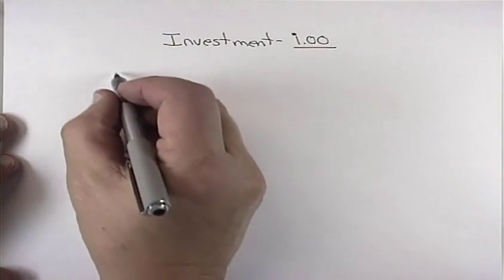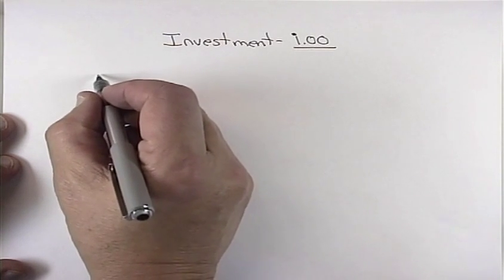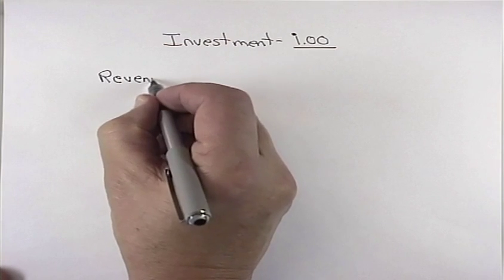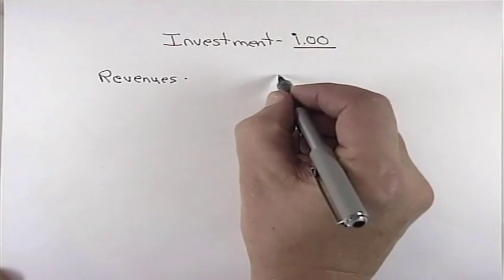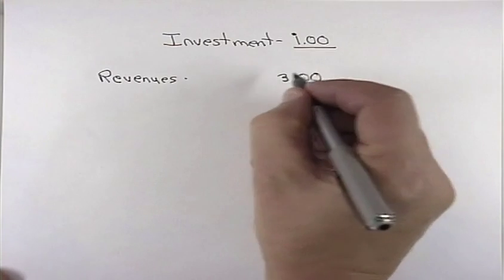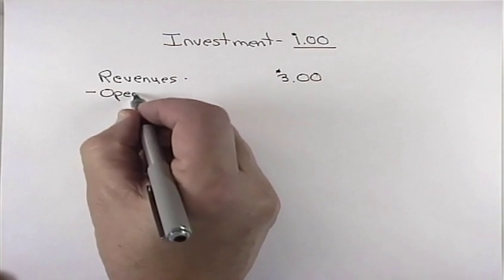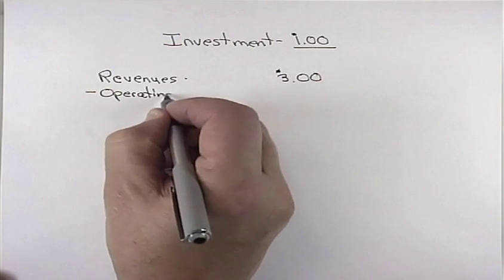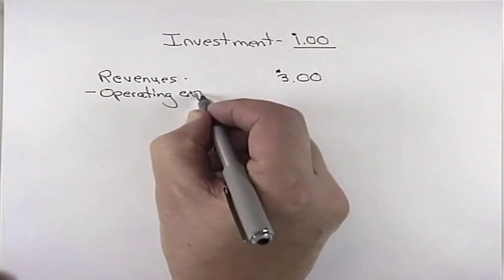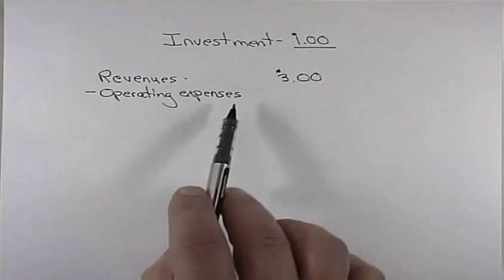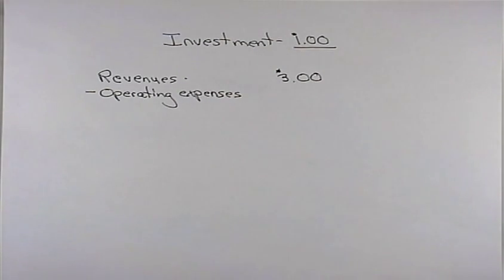And so this is what I see in my financials at the end of the year. My revenues were $3. Minus only my operating expenses. In other words, these are the direct expenses related to the purpose of my business to start with.